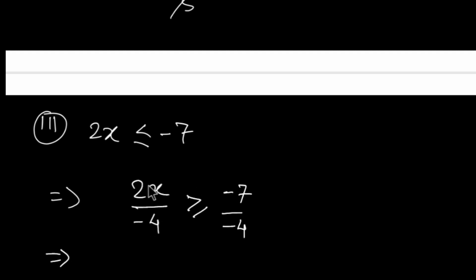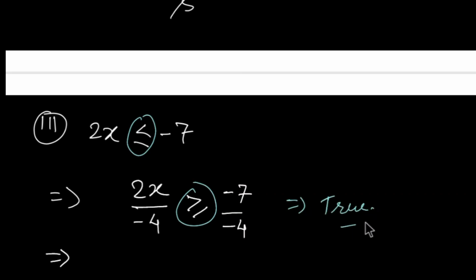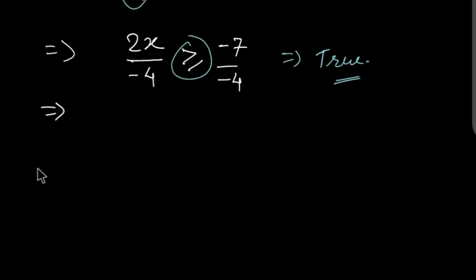I told you already that if a negative number divides both sides, the sign of the inequality changes, and here also you will see the sign of the inequality has changed. So is this true or false? This is a true statement.